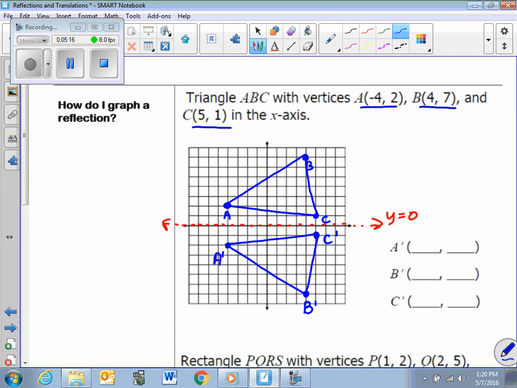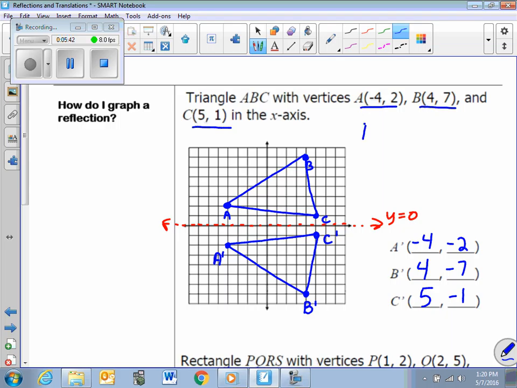So what are our new coordinates? A is now -4, -2. B is 4, -7. C is 5, -1. And what do you notice about the relationship between the pre-image vertices and the image vertices? All my x values stayed the same, right? And what happened to the y values? They all became the opposite of what they were.